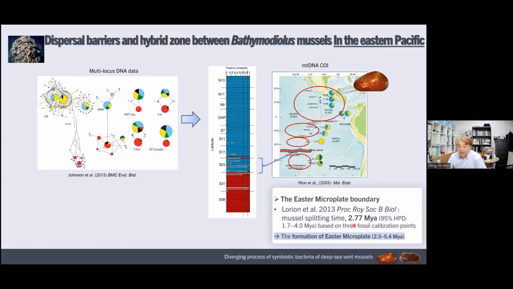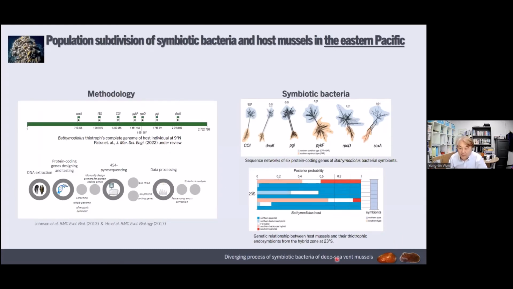They calculated that the separation between northern and southern deep sea mussels happened around 2.7 million years ago, with an interval of around 1.7 to 4 million years ago. So again, a different method based on different evidence and calibration points matches quite well with the geologic result for the age of formation of the Easter Microplate, around 2.5 to 5.4 million years. That is a quite interesting point to remember.